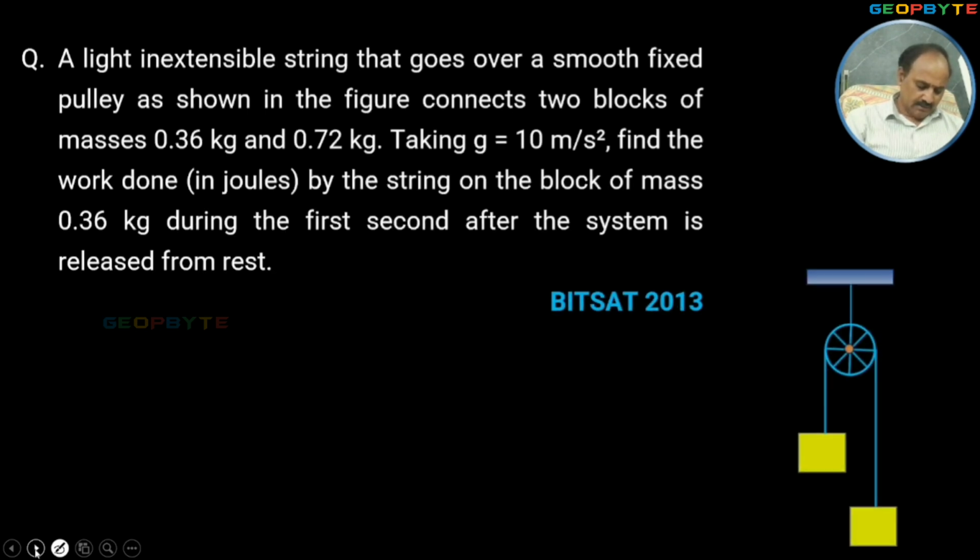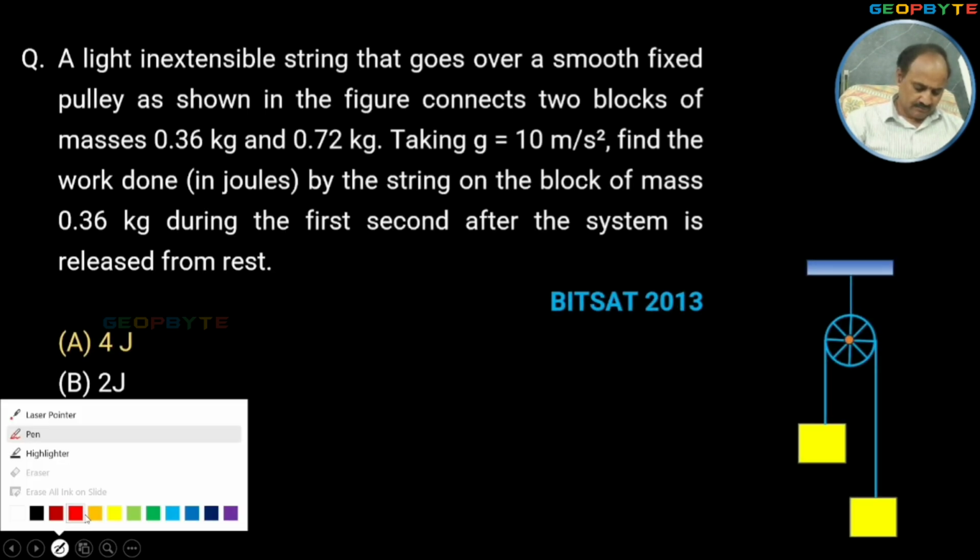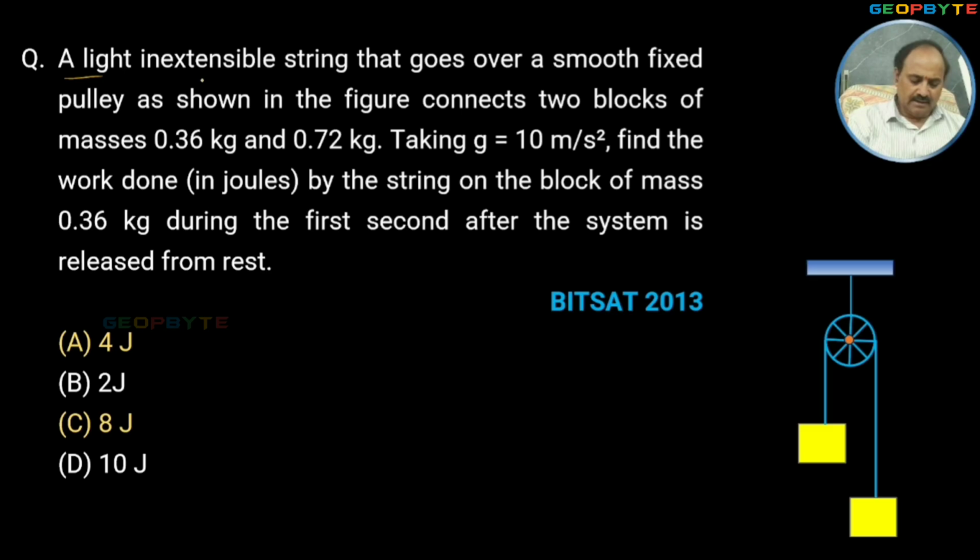Okay? Look at the screen. It is asking like this. A light inextensible string goes over a smooth fixed pulley as shown in the figure. Inextensible string means the string which does not elongate, that is connected to two blocks with the help of a frictionless smooth fixed pulley.